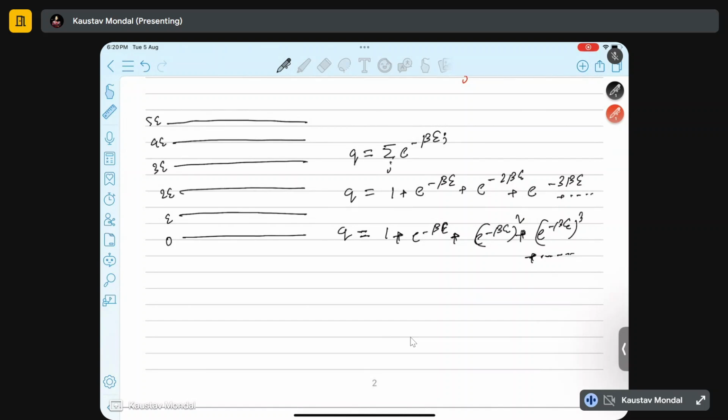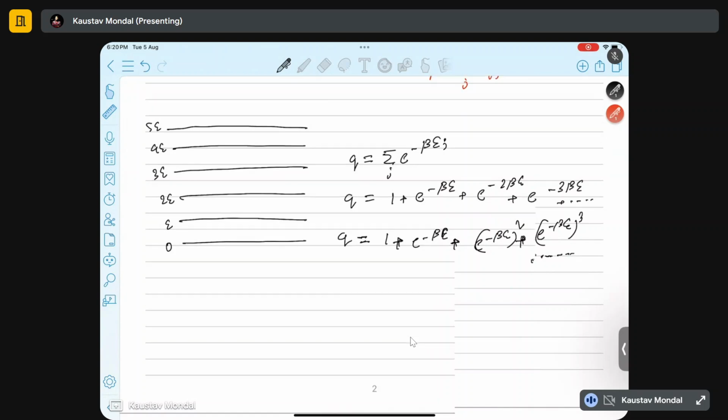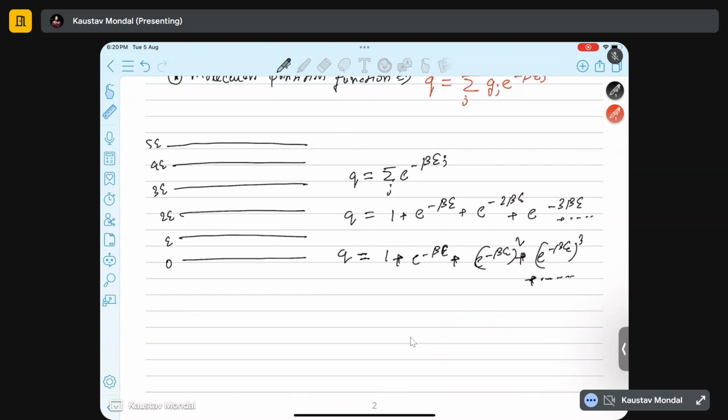This is called the partition function Q for this uniform ladder of energy.